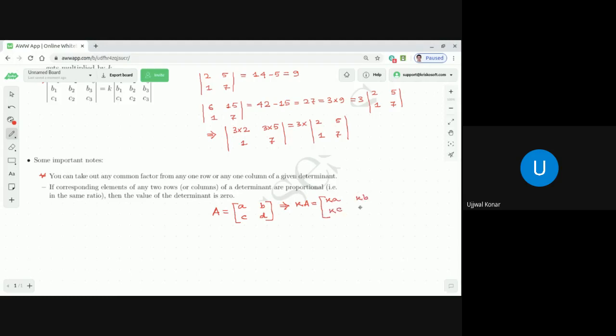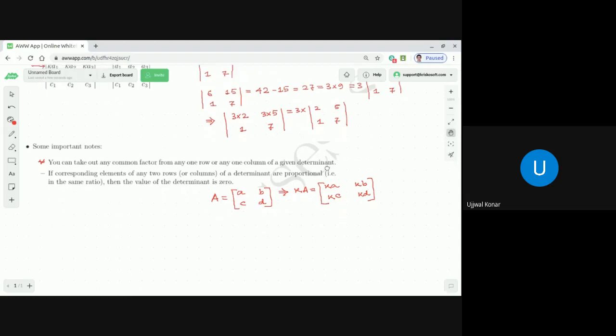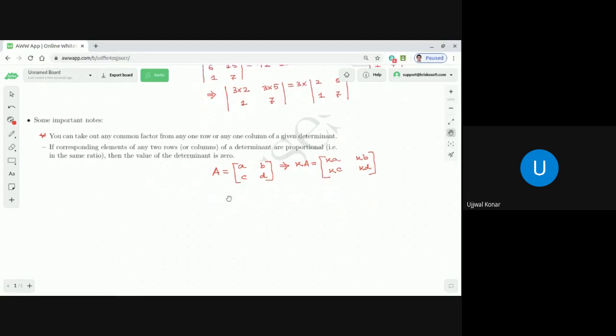If you are not able to recall our matrix classes, you can always go back to my YouTube videos available on YouTube and the online test platform. Now, in the case of a determinant, what is the determinant corresponding to this matrix? The determinant is something like this: a, b, c, d.